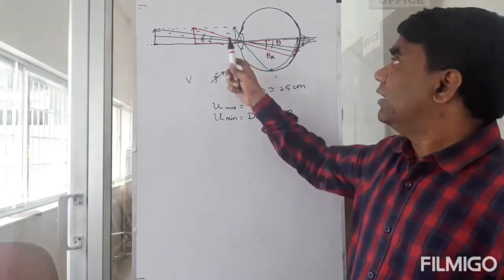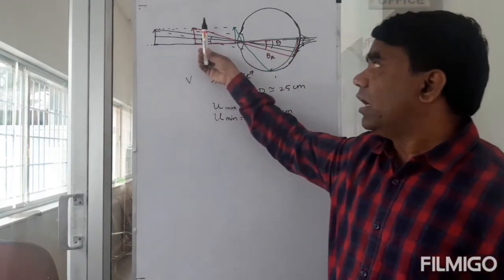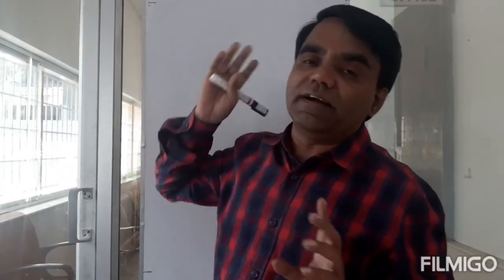So, the angular advantage I get stops at 25 centimeters. The short point of the discussion that we have had so far is this. If I have an object and I keep it at infinity, it's going to make an angle in my eye.